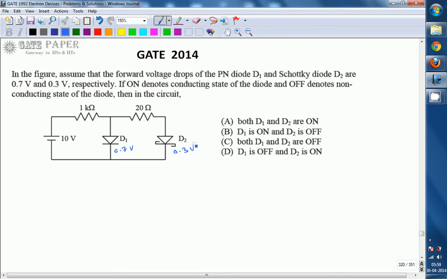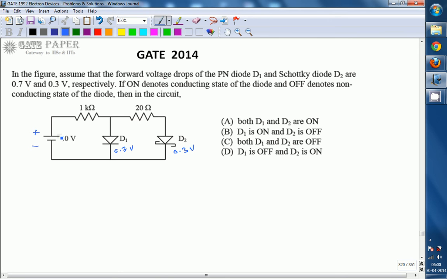If you observe, D1 is an ordinary diode whose P side is connected towards the positive terminal of the 10 volts, and diode D2's P side is also connected towards the positive. Forward bias of a diode is defined this way: whenever the P side of the diode is higher than the N side by at least the cut-in voltage, the diode is said to be in forward bias.